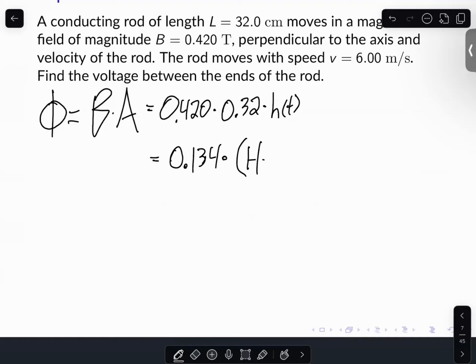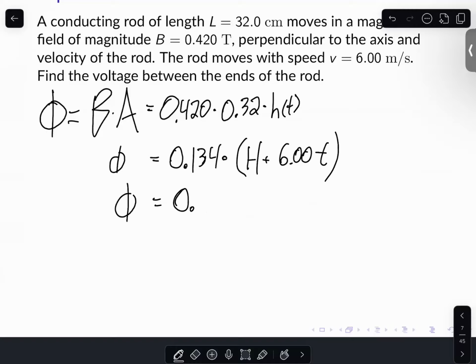Any initial position. I'm just plugging in numbers and the formula we just got. Any initial position for height can have that. So the flux as a function of time. Well, hold on. I can multiply that 0.134 in.